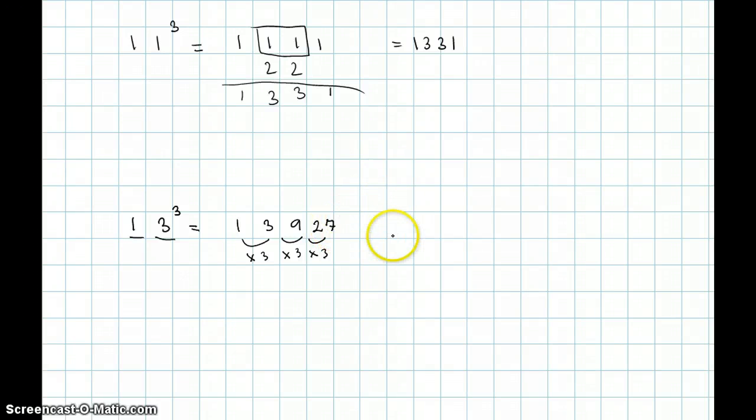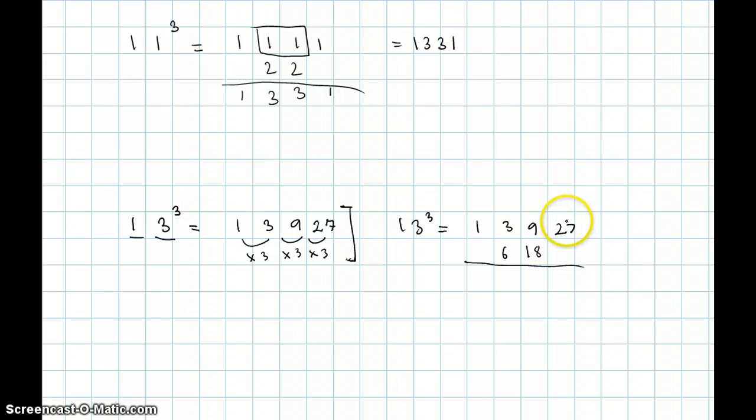So we have 1, 3, 9, 27, and as usual we double the digits here, and we get 6 and 18. Now over here we do the same thing as we did before.